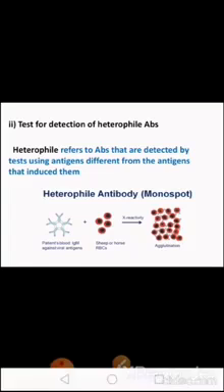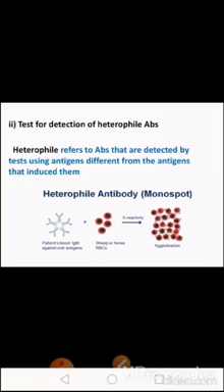It seems likely that Epstein-Barr virus infection modifies a cell membrane constituent such that it becomes antigenic and induces the heterophilic antibody. So this heterophilic antibody is defined as antibody that is detected by test using antigen different from the antigen that induced it.